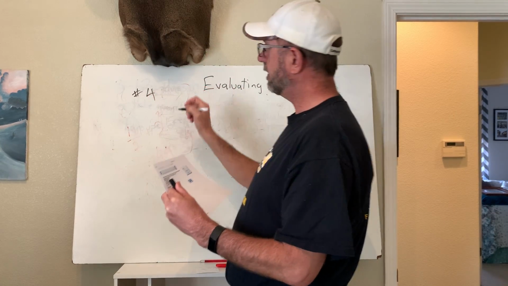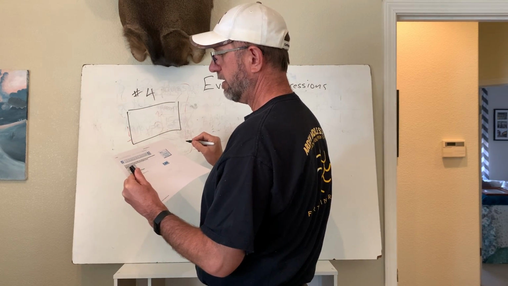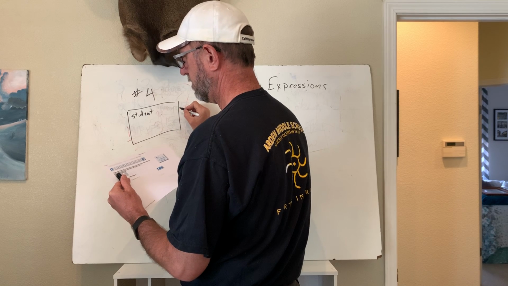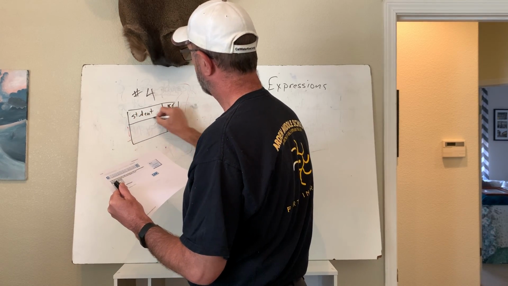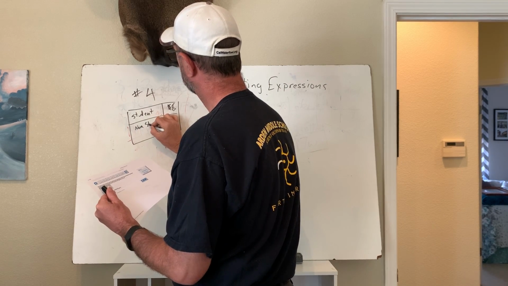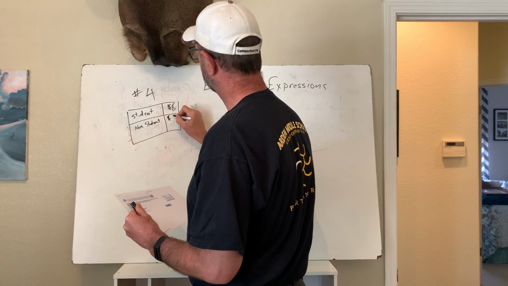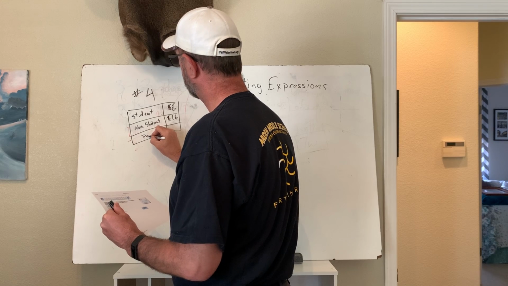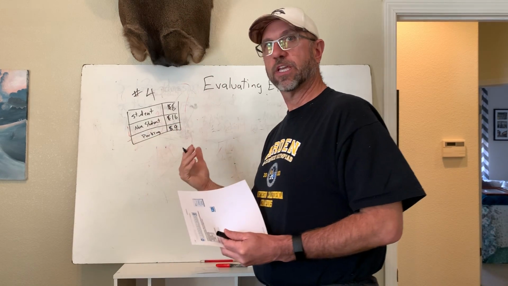And it gives a little data table here. Student tickets are $8. And non-student tickets always charge more, $16. And then parking is $9. Now they don't give you the expressions for this.